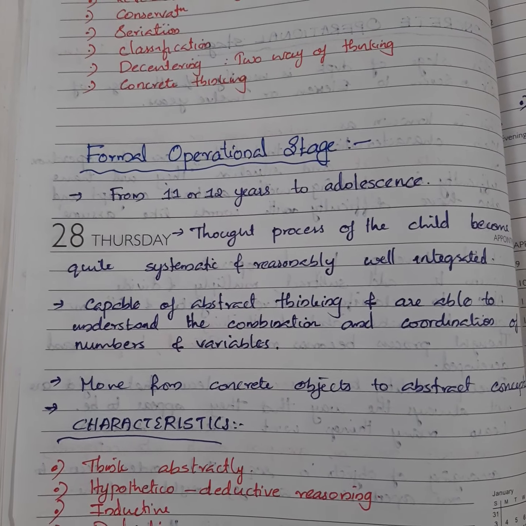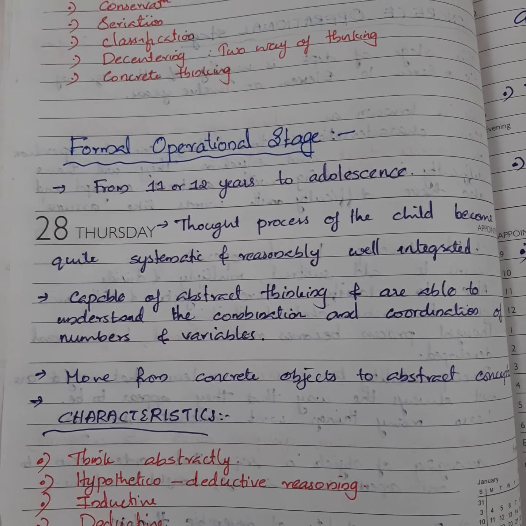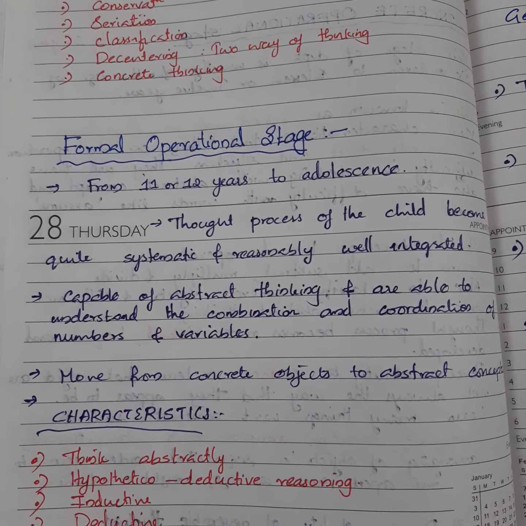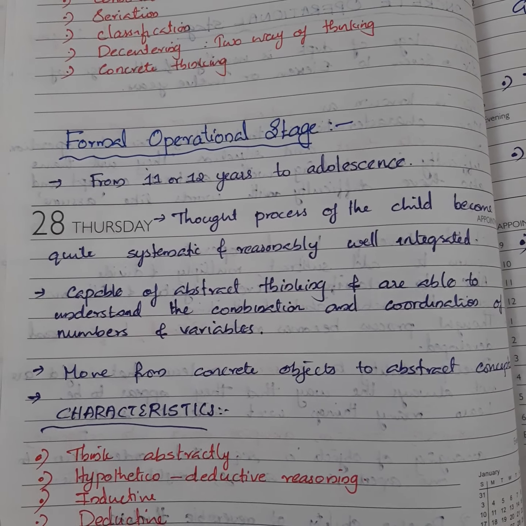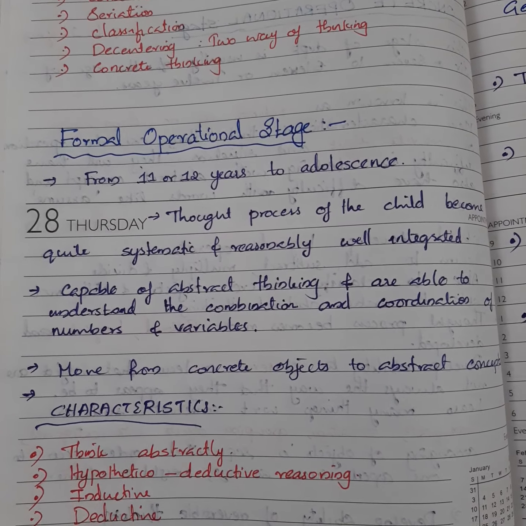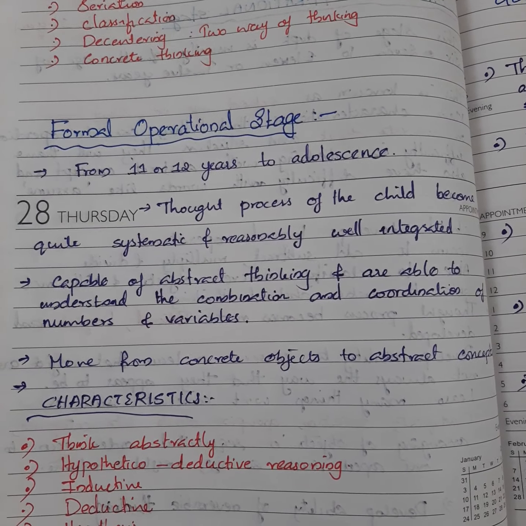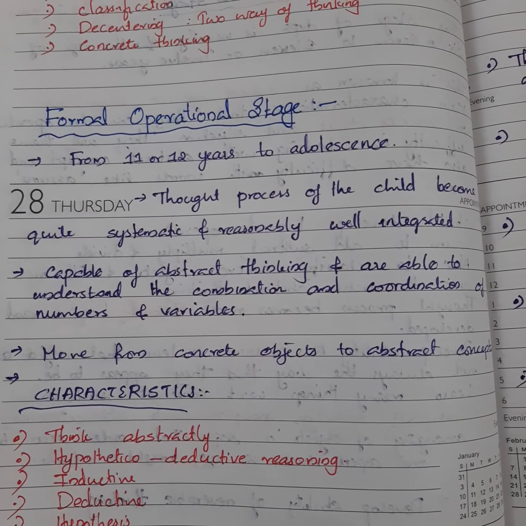Now the child is capable of abstract thinking and is able to understand the combination and coordination of numbers and variables. There will be a shift from concrete objects to abstract concepts.